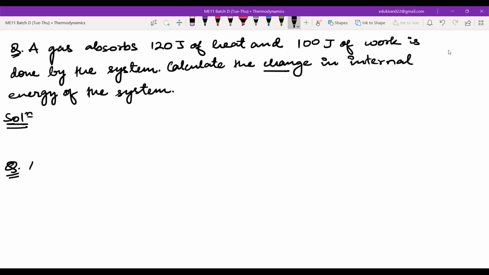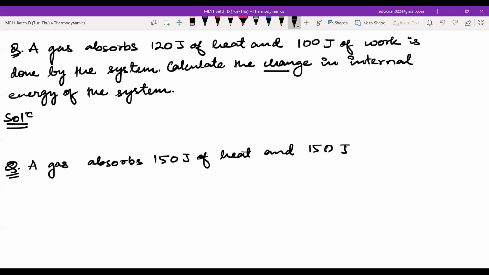Okay, fine. Now let us suppose a gas absorbs 150 joules of heat and, let's keep this as 200 joules, of work is done by the system.